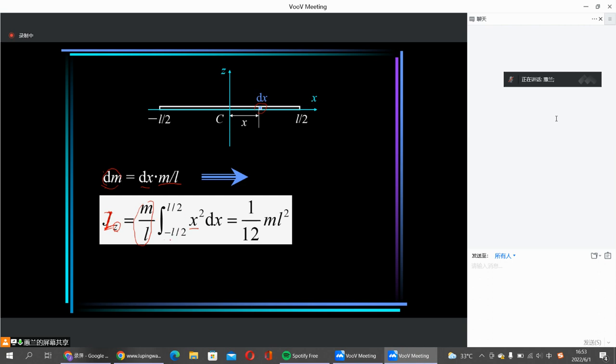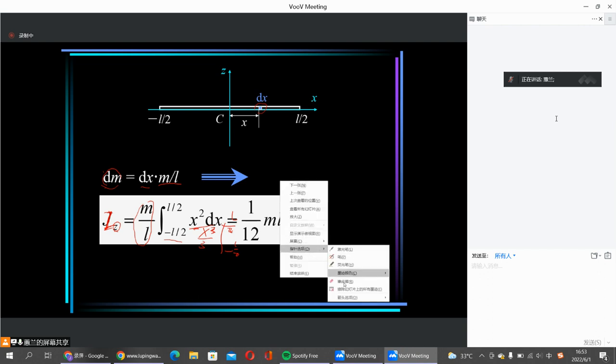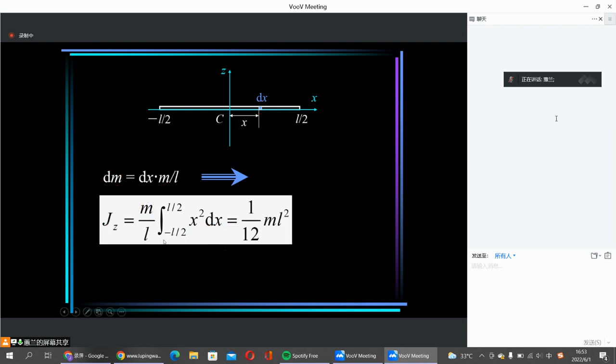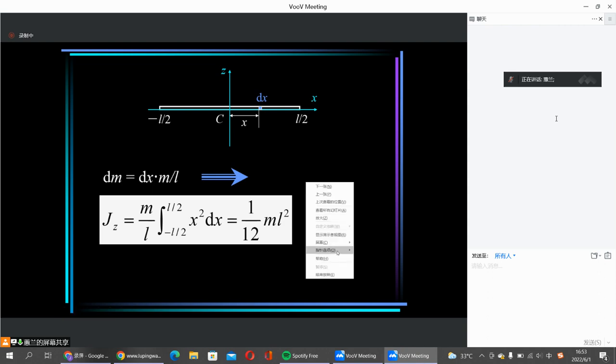The limits of integration, from the definition of the coordinate system, run from minus half L to positive half L, and we calculate this integration. You should know how to integrate this, right? It's not difficult, okay?